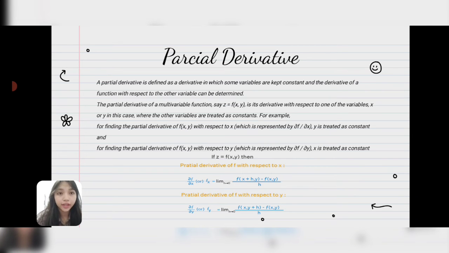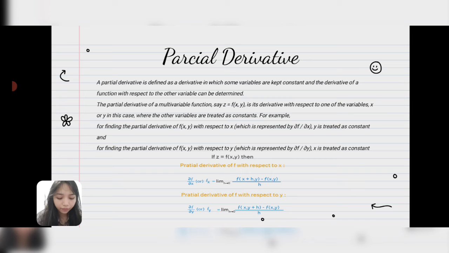So the partial derivative of a multivariable function, say z equals f(x, y), is its derivative with respect to one of the variables x or y, where the other variables are treated as constants.